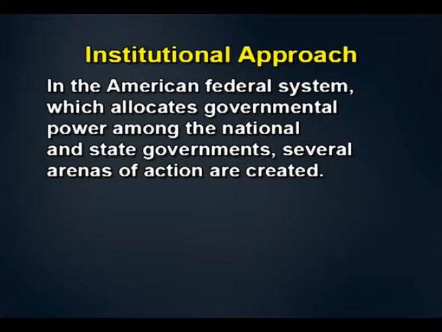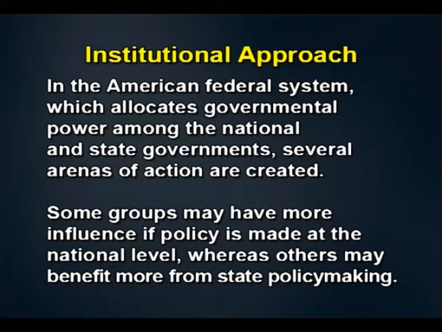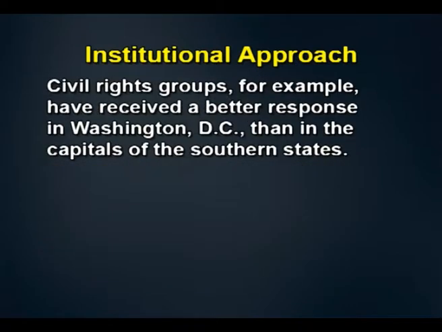In the American federal system, which allocates governmental power among the national and state governments, several arenas of action are created. Some groups may have more influence if policy is made at the national level, whereas others may benefit more from state policy making. Civil rights groups, for example, have received a better response in Washington, D.C. than in the capitals of the southern states.